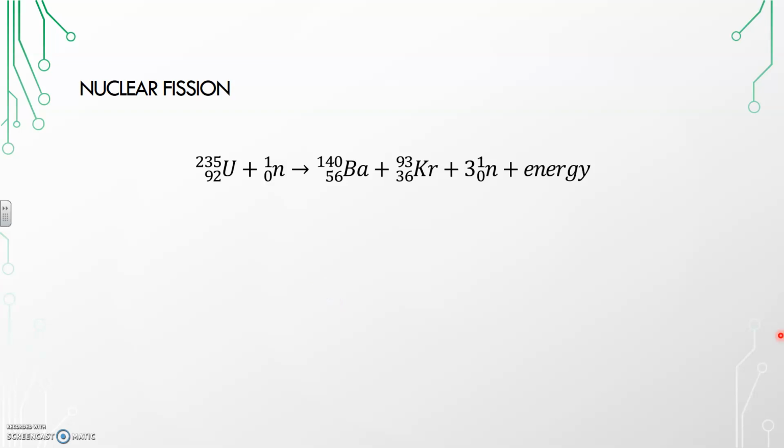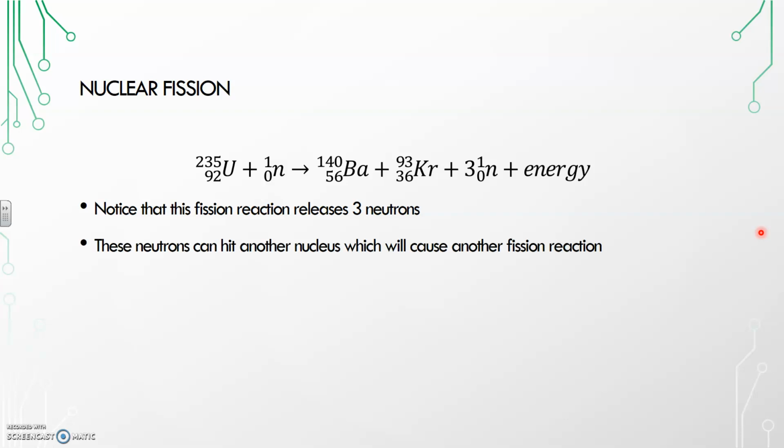Alright, so this is looking at the reaction that we looked at the end of the last video. So you have uranium-235 getting hit with a neutron, and you produce barium-140 and krypton-93, as well as 3 extra neutrons and energy. Notice that this reaction releases 3 additional neutrons. Those 3 neutrons can actually hit other nuclei.